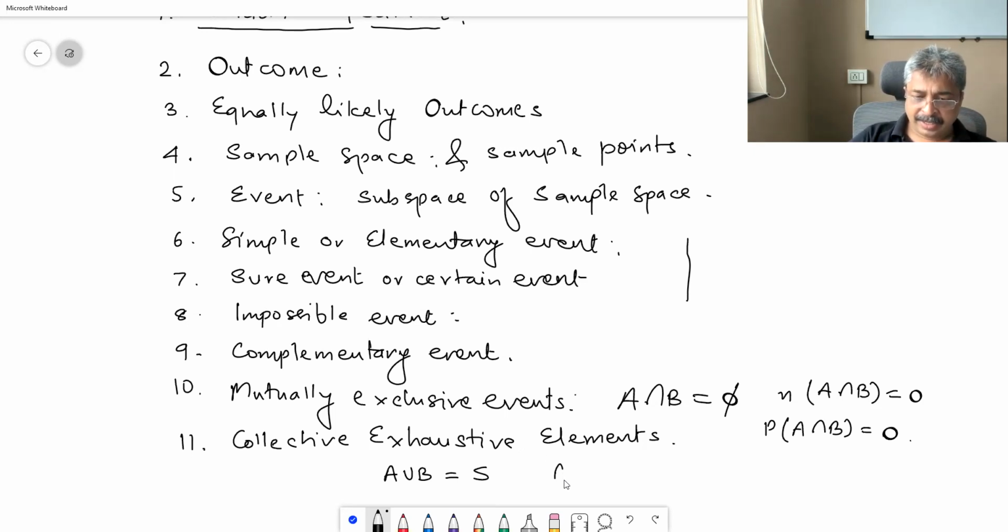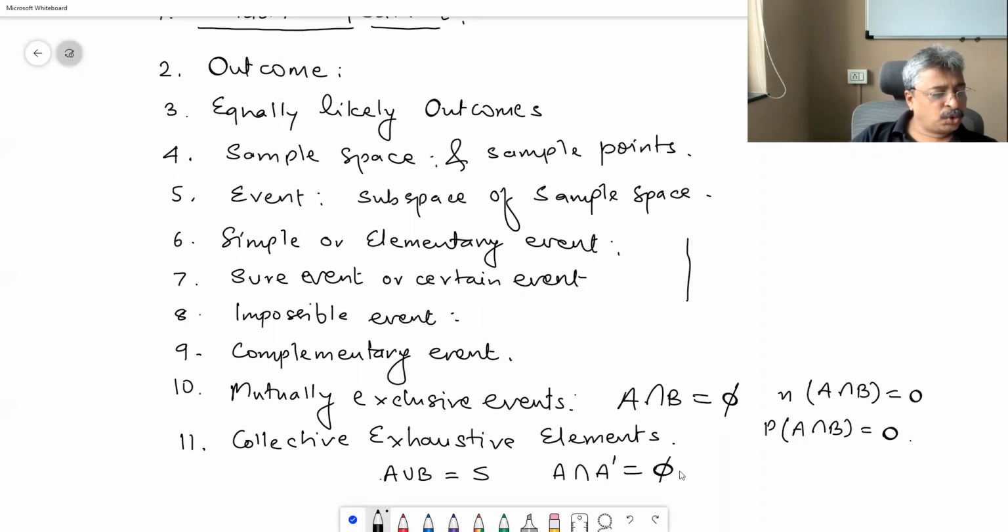A union A dash is the sample space, A intersection A dash is empty, collectively exhaustive. So all put together will exhaust the total sample space.